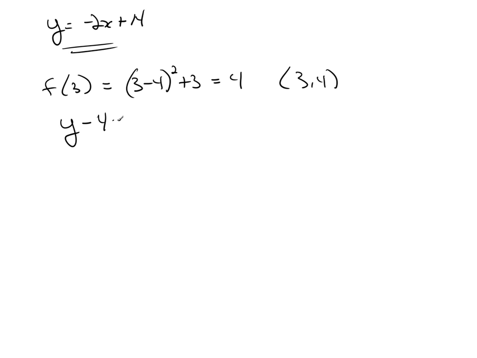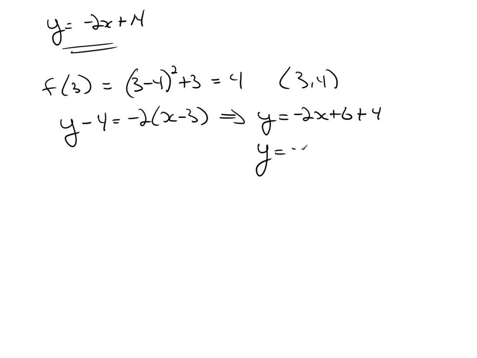So I'll take y minus 4 equals negative 2 times (x minus 3). That means that y equals negative 2x plus 6 plus 4. So I'll get y equals negative 2x plus 10.